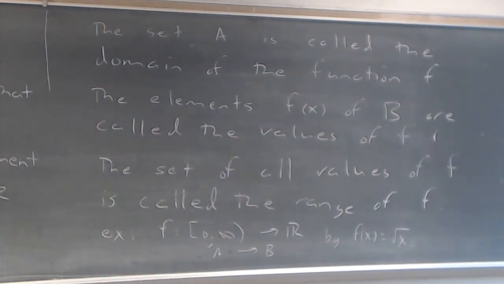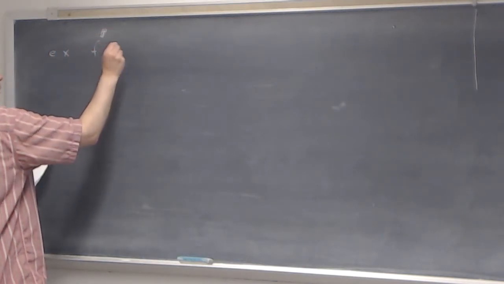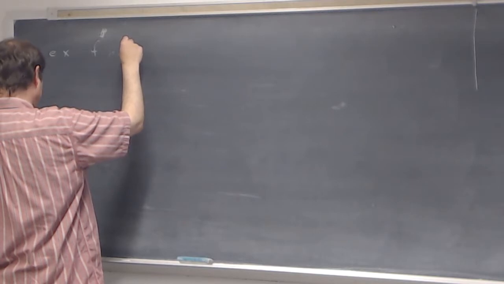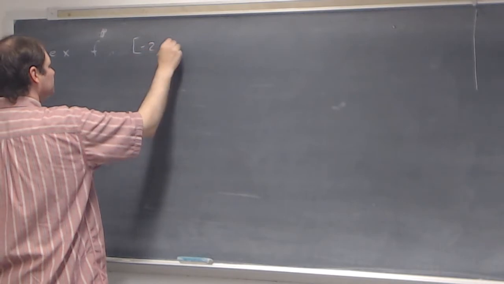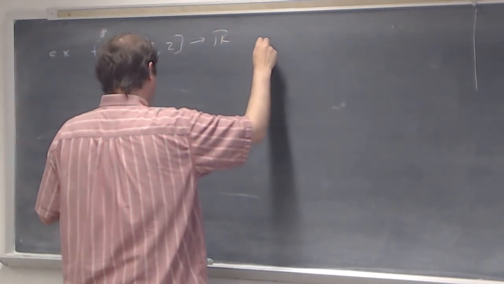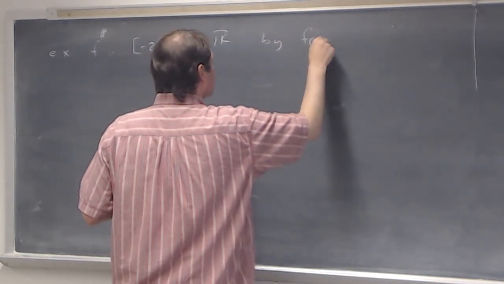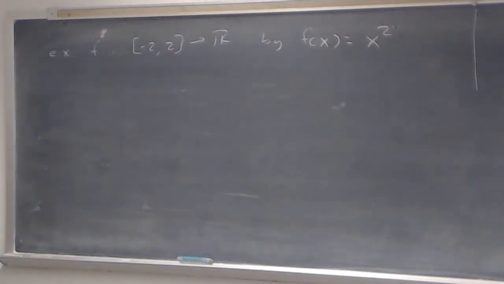And another example is we could define f going from, my A here is going to be from minus 2 to 2 into R by f of x is equal to x squared. That can be a function.